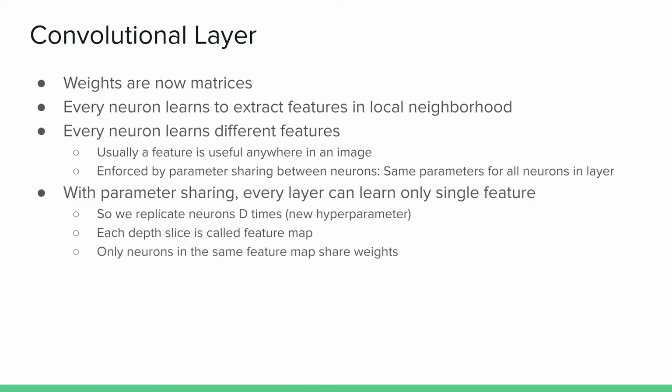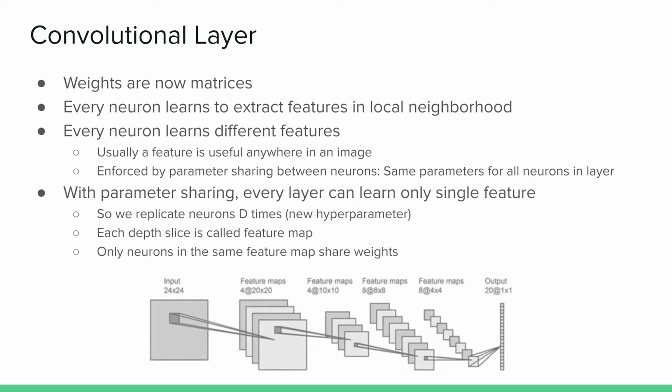Only neurons in the same feature map share the weights, and by replicating the layer d times, we can extract d different features in this one layer. And this is how it could look.